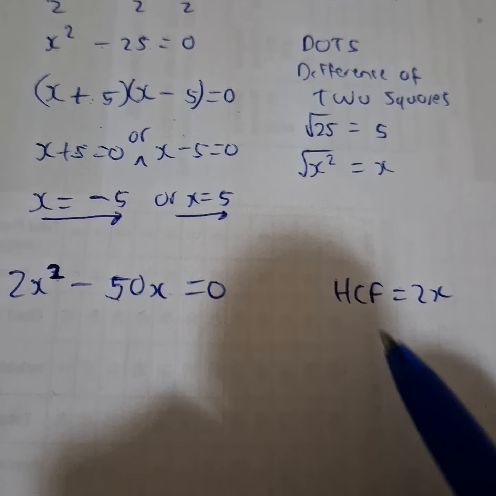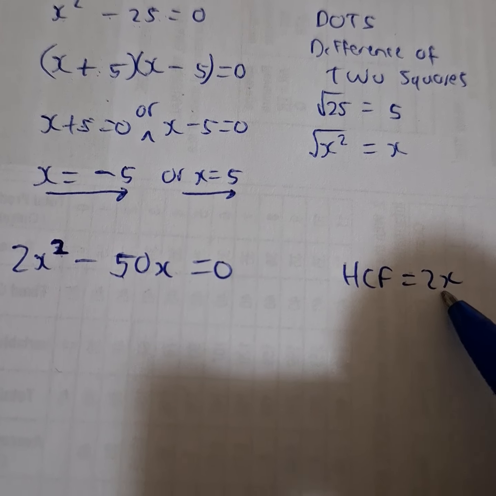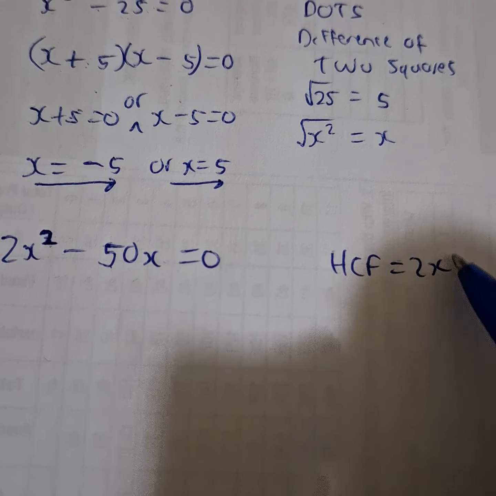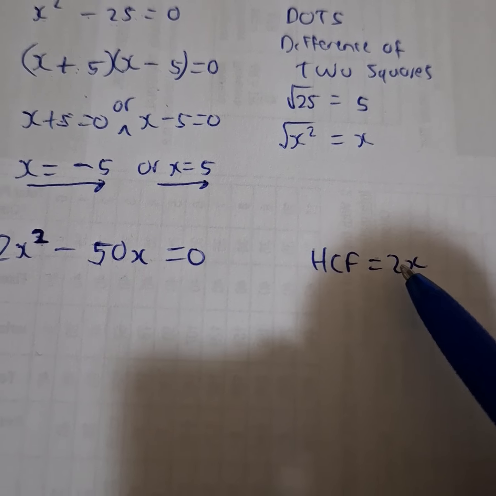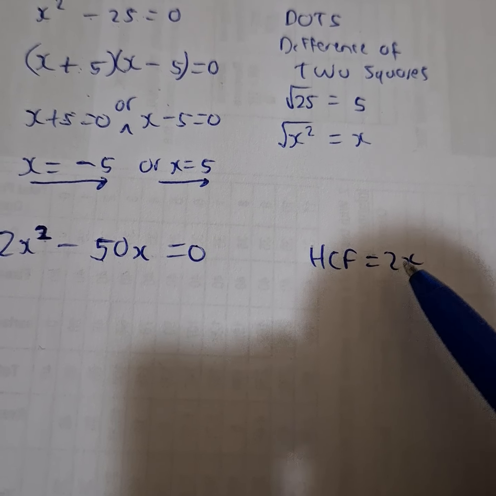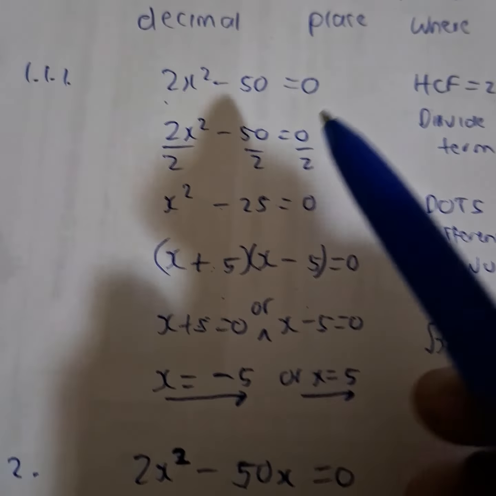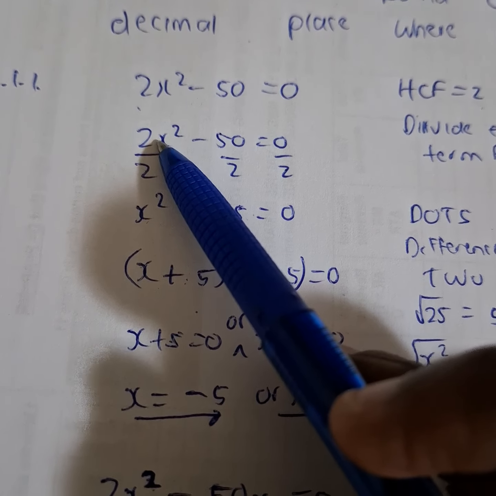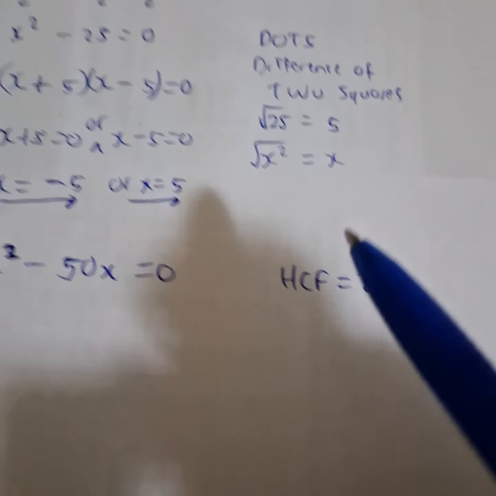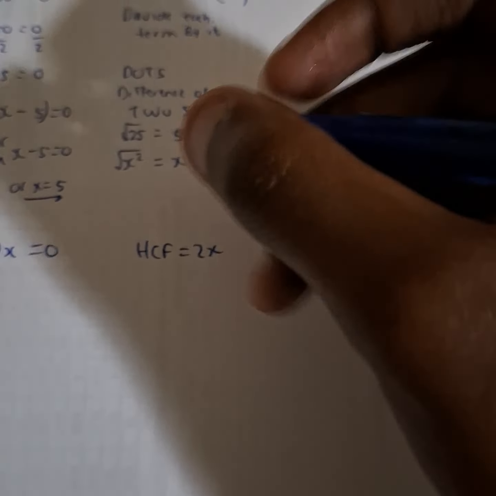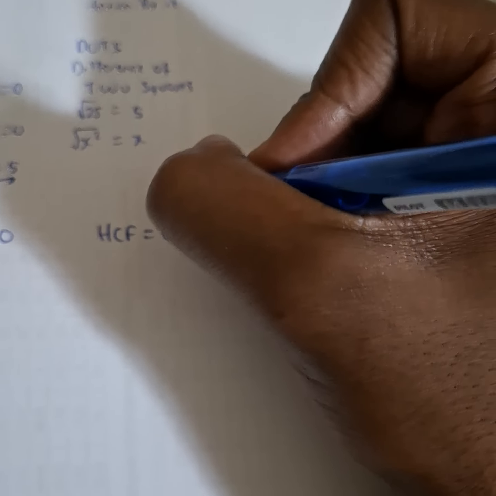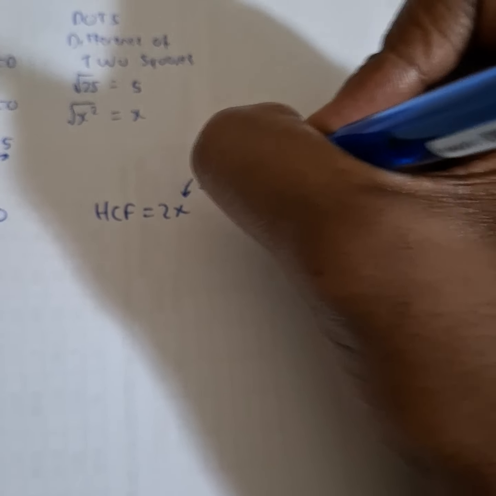Now, since this highest common factor is not a numerical value alone, it is a coefficient of 2, which is a numerical value, accompanied by a variable. We cannot do what we had done here previously, which is divide each term by the highest common factor. Why? Because it has a variable, right?